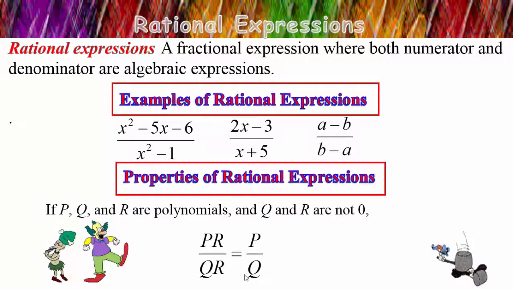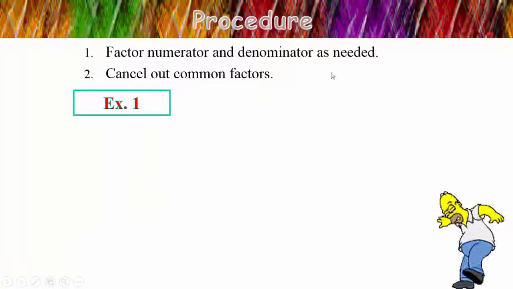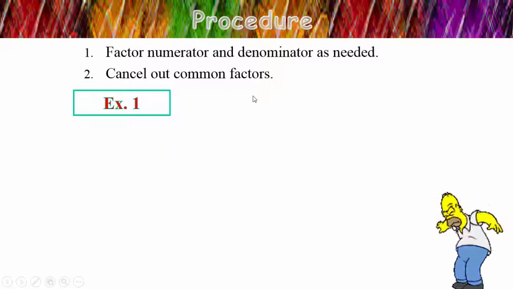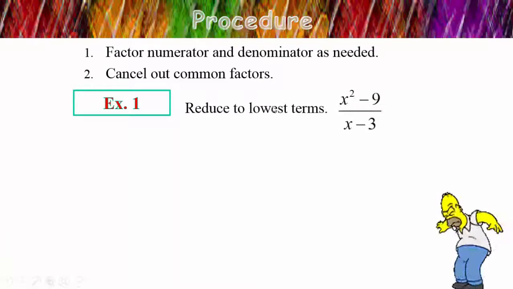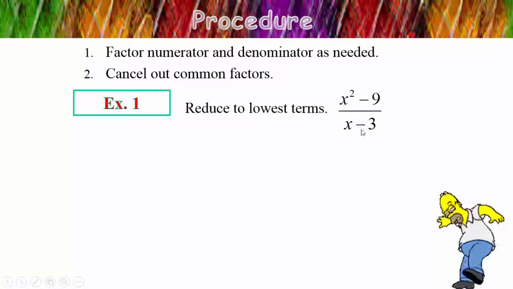In order to simplify, we must first factor the numerator and denominator as needed, and then cancel out the factors. We cannot do that before. So, for example, if we have something like this, we can't just cancel things out because we have subtraction here and here.